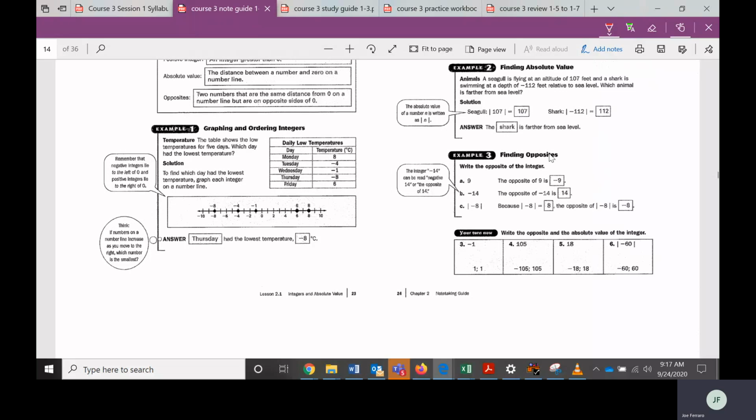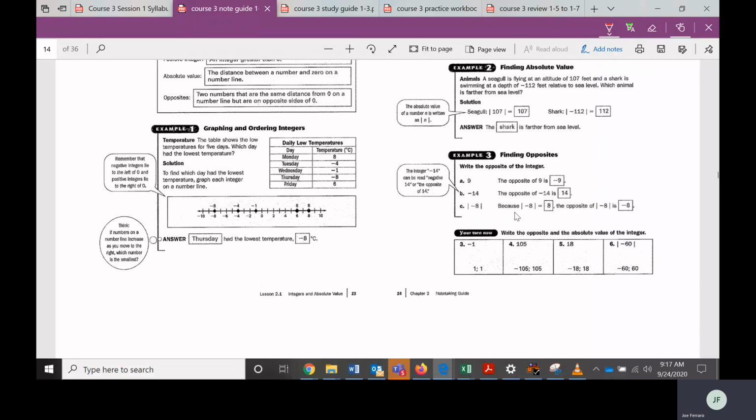Okay. Opposite is similar but different. If they want you to find the opposite of a number, you just change the sign. So if it is positive, you make it negative. If it's negative, you make it positive. Now this one's a little tricky. They want you to find the opposite of an absolute value. So first of all, you do the absolute value.